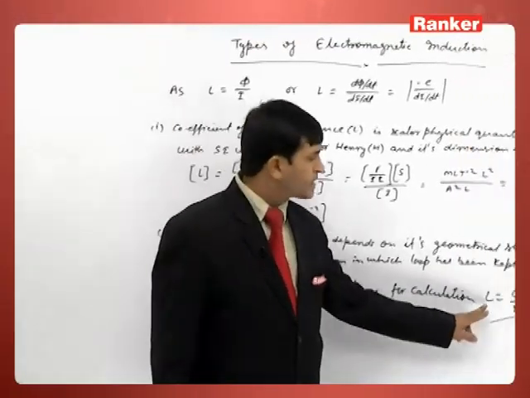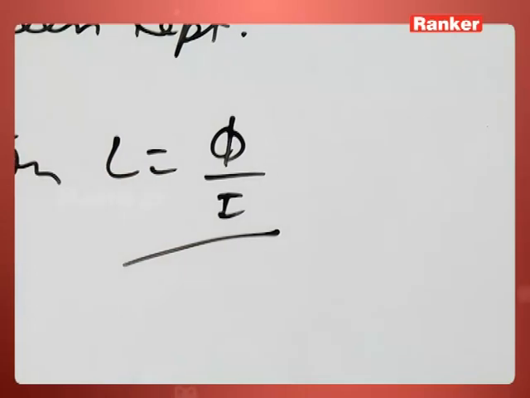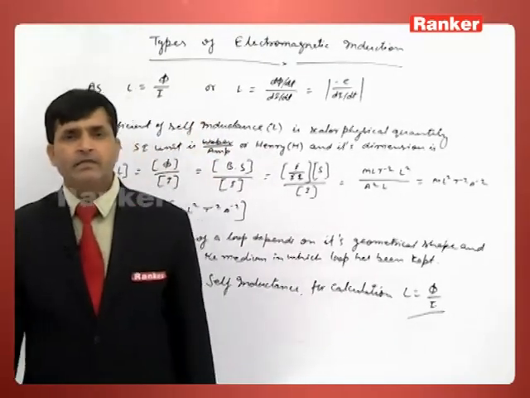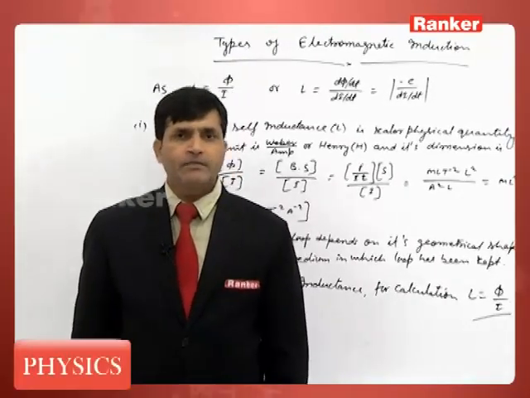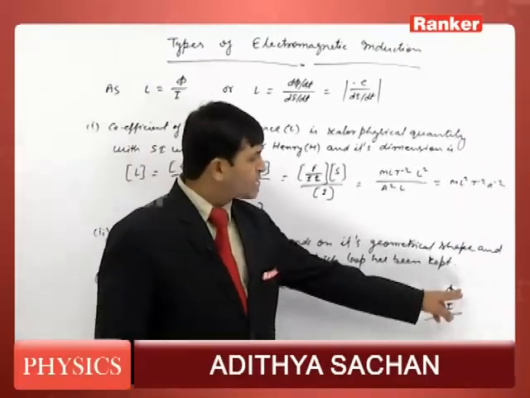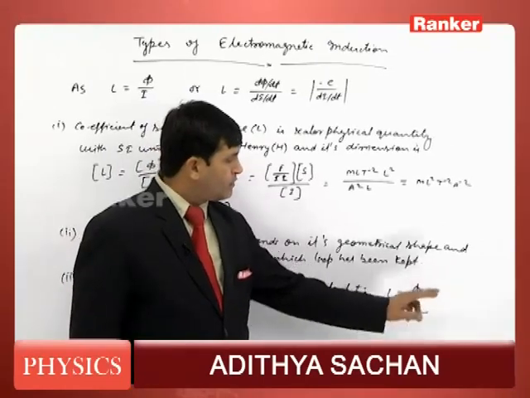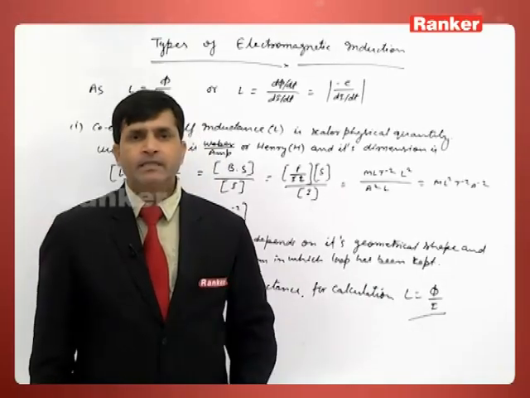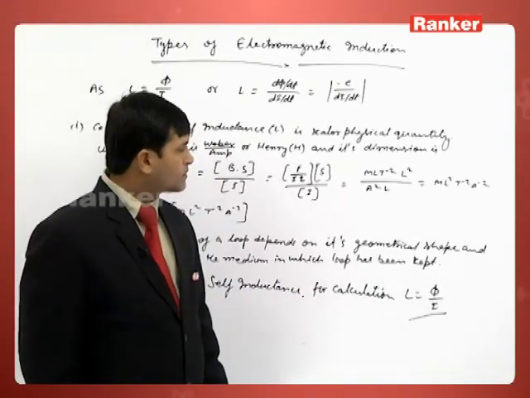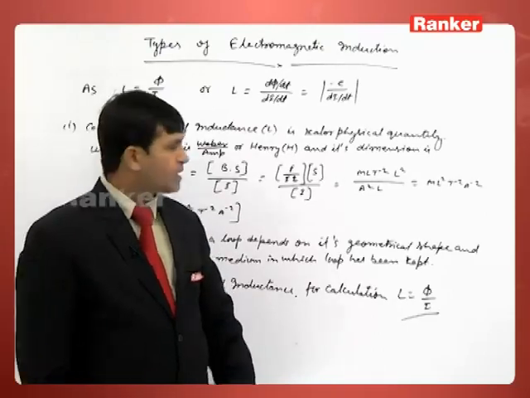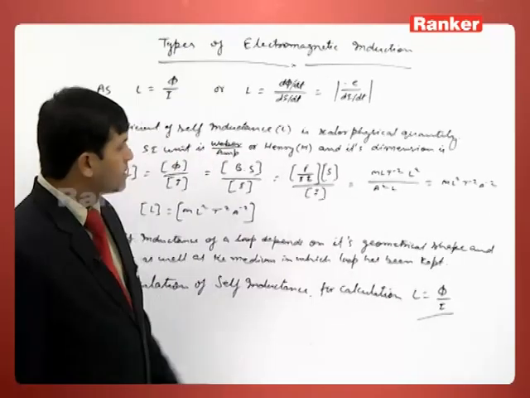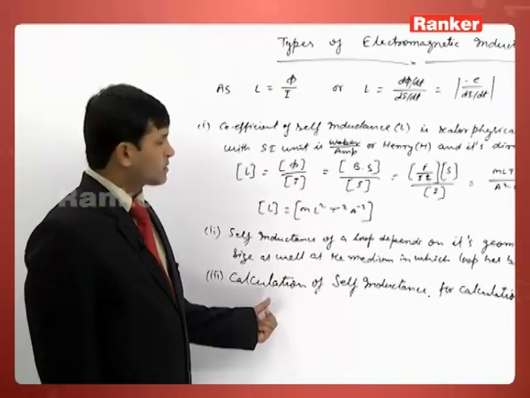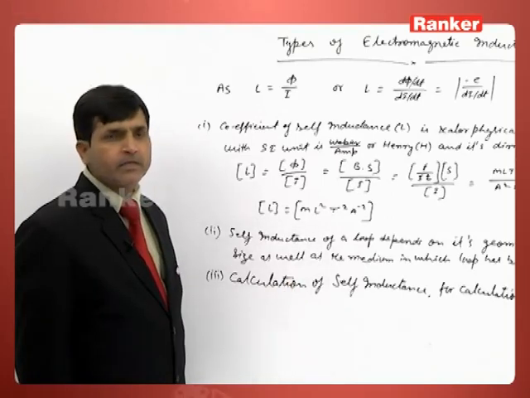What we will do is assume a current in the loop, and then we will try to find what is the self flux associated with that loop. So the ratio of the self flux with the current in the loop is always a constant, and that constant gives us the coefficient of self-inductance or value of L. So see one or two examples. On the basis of that, we can get the self-inductance value for different types of loops.